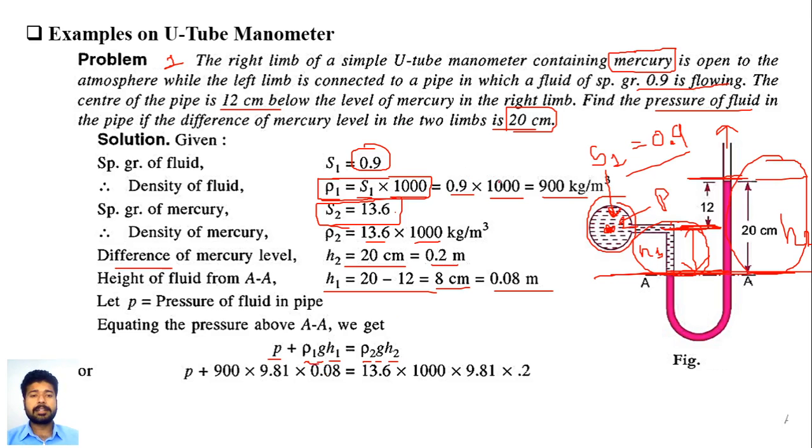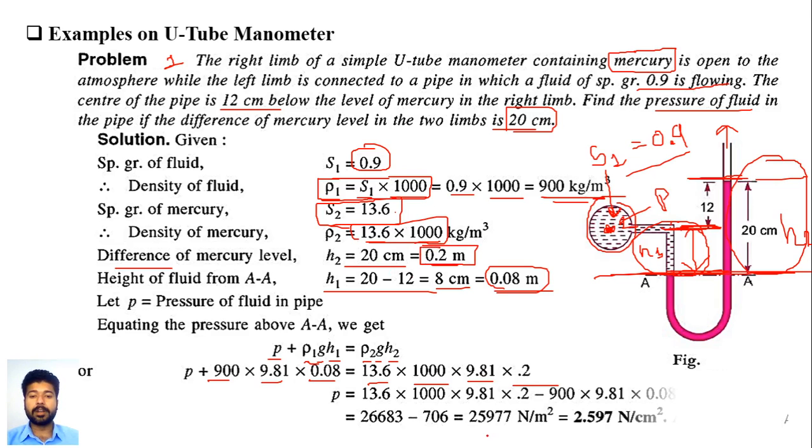Rho 1 is 900, G is 9.81, H1 is 0.08 meter. Rho 2 is 13.6 into 1000, G is 9.81, and H2 is 0.2 meter.